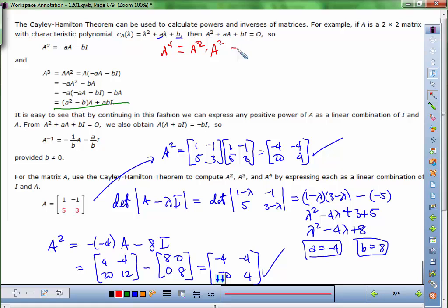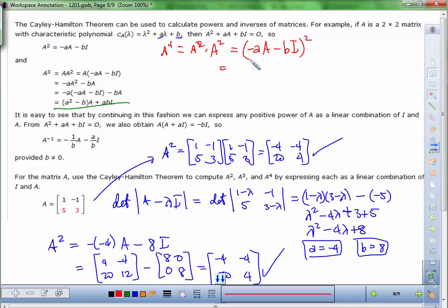And A squared is equal to minus little a times big A, minus little b times I, times itself, right? So let's FOIL it out.